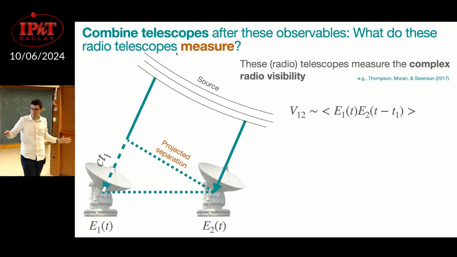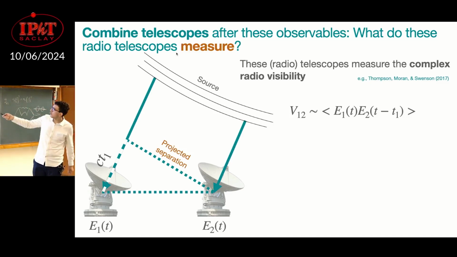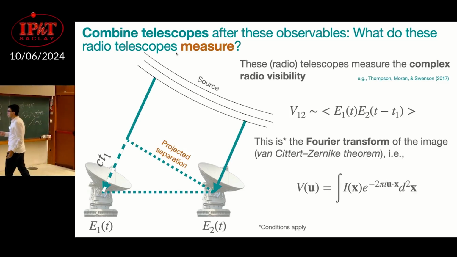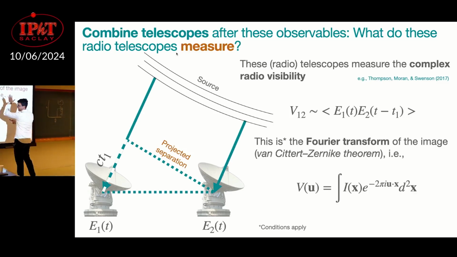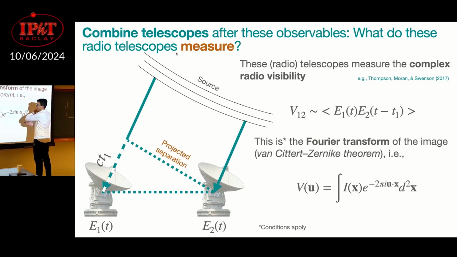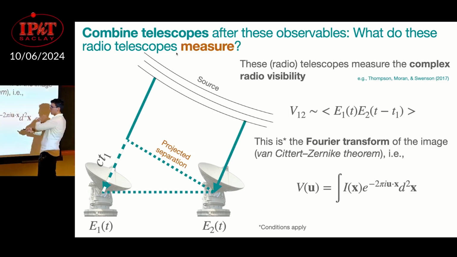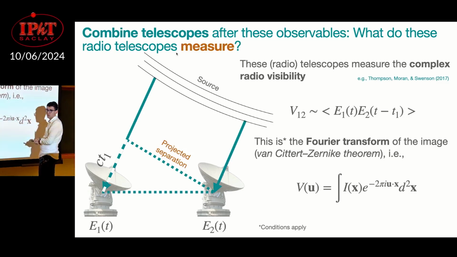As Daniel was saying, what the telescope observes is in the Fourier domain. You can prove that if you have the 2D image in the sky, from your best theory of gravity and your best astrophysics, the visibility is just its Fourier transform, and that's what the telescope will observe.